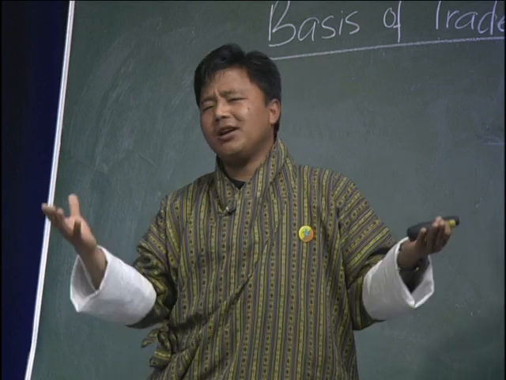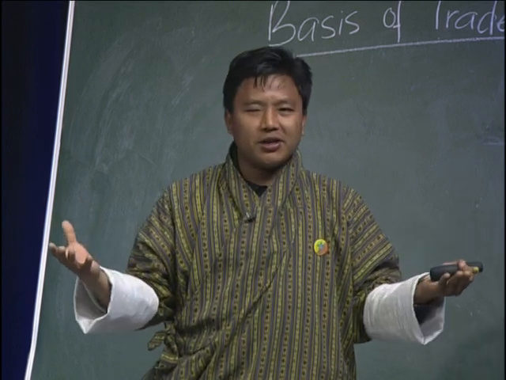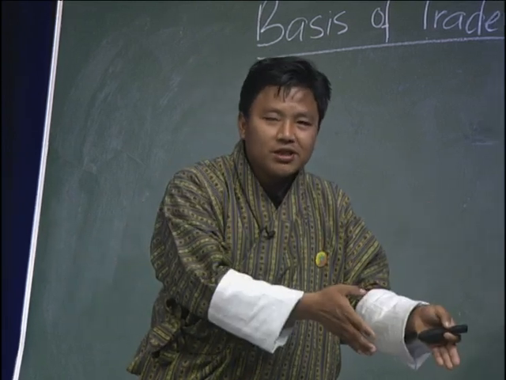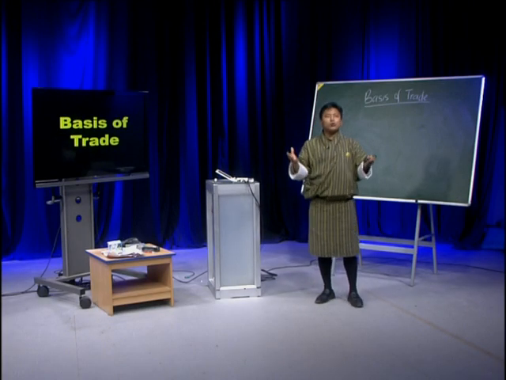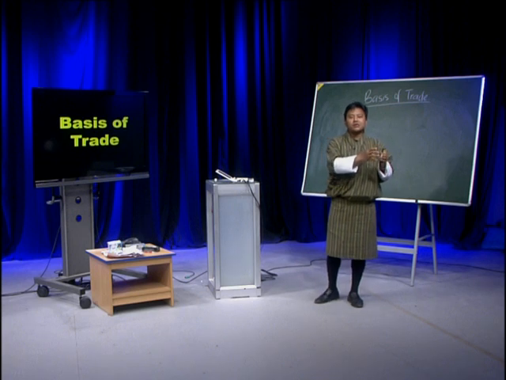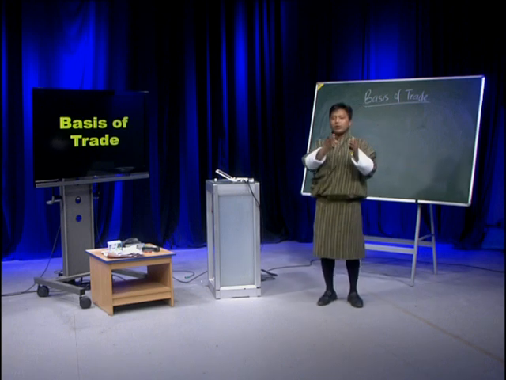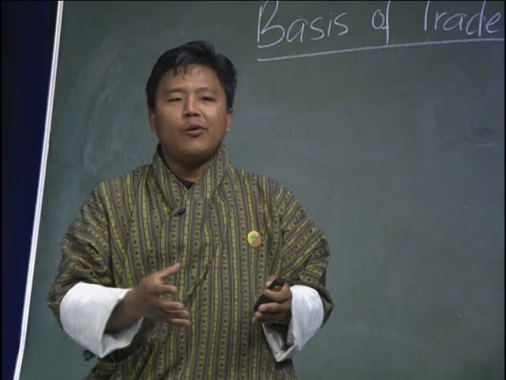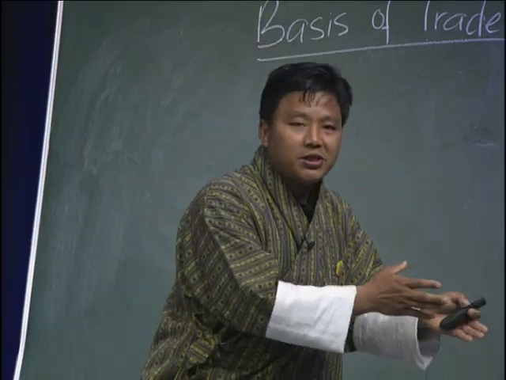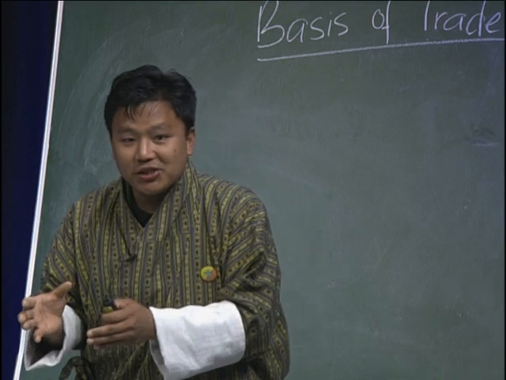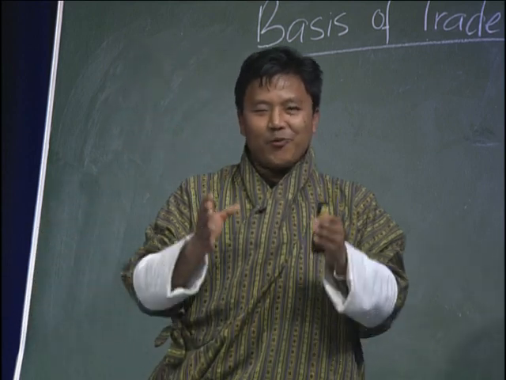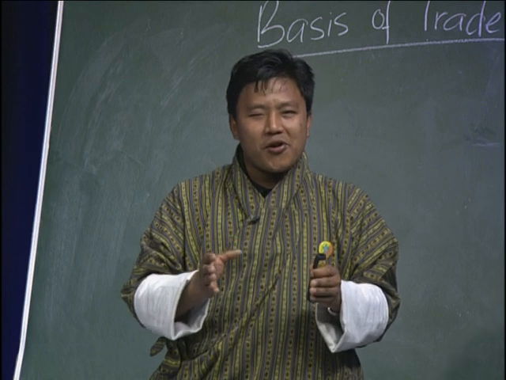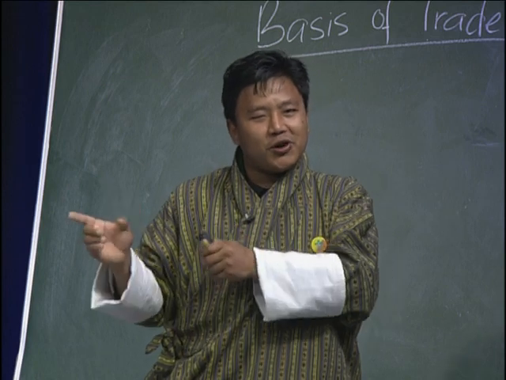We have also learned the types of trade, that is internal trade and external trade, the difference between these two forms of trade, and the advantages and disadvantages of international trade. So today we are going to learn more about the basis of trade.